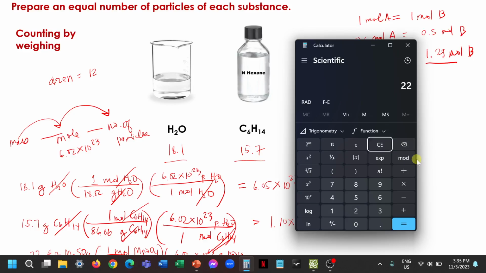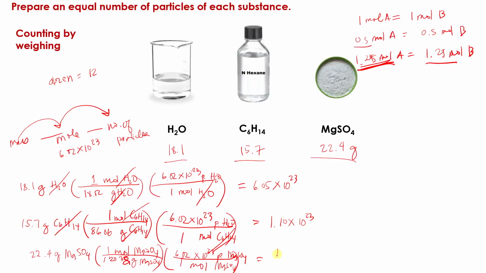We have 22.4 times 1 times 6.02 times 10 to the power of 23 divided by 120.38. We have 1.12 times 10 to the power of 23.